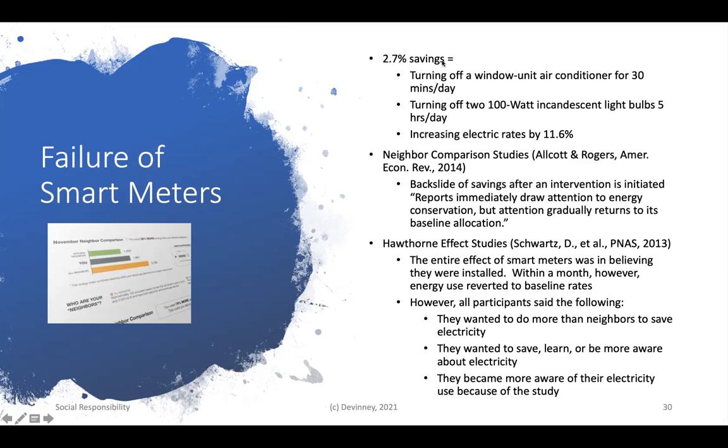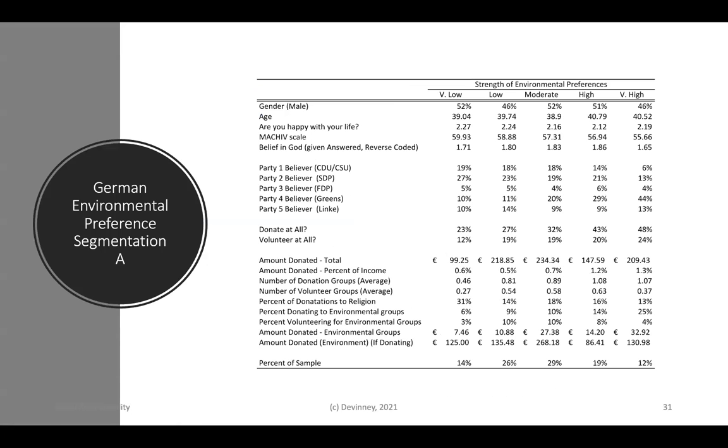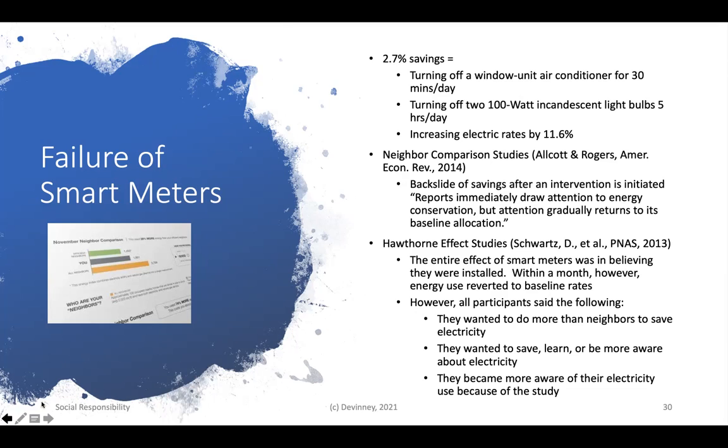But the reality is that trying to incentivize people, or at least nudge them, to achieve an equivalent amount of savings via neighborhood comparison studies, Hawthorne effect studies, or smart meters, more or less has no impact. This is very telling, because it tells you something about the nature of the activities that individuals are involved in.